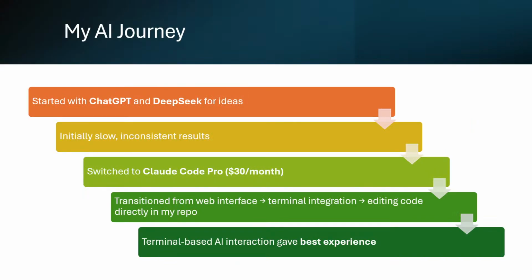When I started working on this product, I started out using ChatGPT and DeepSeek. These are really good for generating ideas and for debugging. In my personal point of view, DeepSeek is better than ChatGPT at writing code. I would ask ChatGPT to write code and it does garbage.